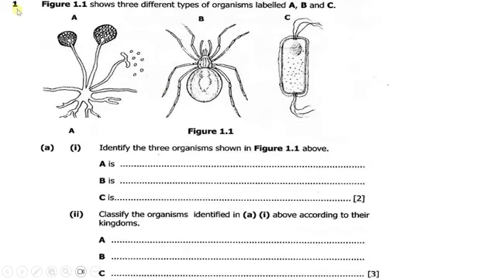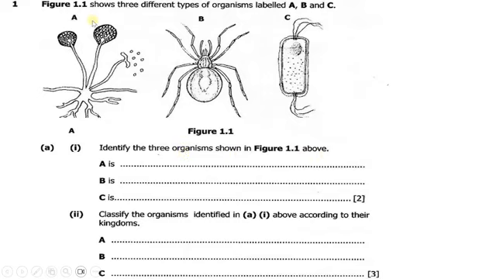So we have question 1, which reads, figure 1.1 shows 3 different types of organisms labeled A, B, and C. This one is labeled A, this one B, this one C. Then Roman numeral 1 says identify the 3 organisms shown in figure 1.1 above.